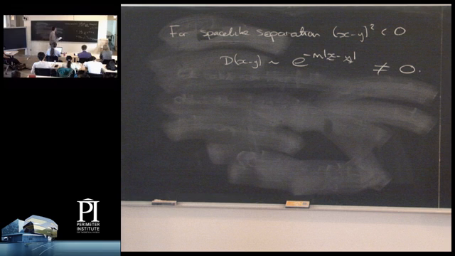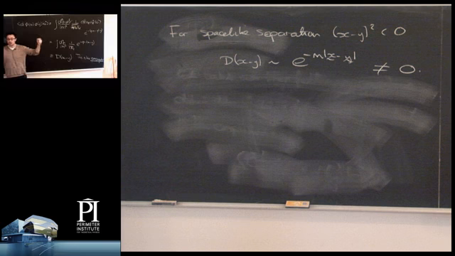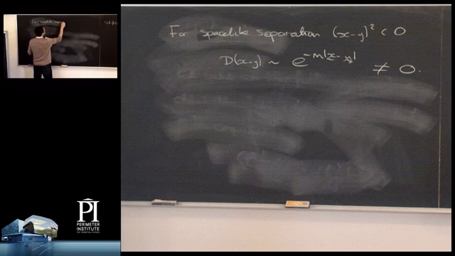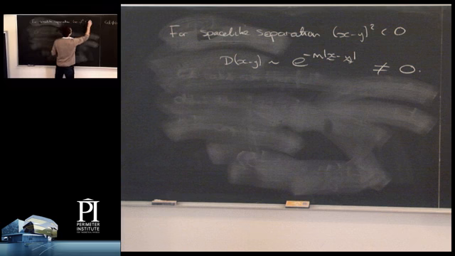Okay, so we can calculate this if x and y are space-like separated. So if they're outside each other's light cones. So for space-like separation, remember with my metric signature, that means (x − y)² is less than 0.